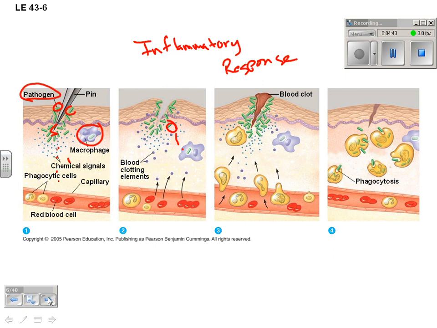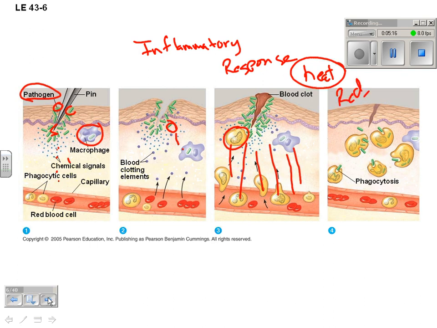They digest the bacteria and send out chemical signals. Those chemical signals tell the blood to release white blood cells. They attract white blood cells to the area, and they also release fluid into the area. And the other thing that happens is because of the increase in blood flow, it gets hot and it gets red. We call that the inflammatory response. It's a reaction to tissue damage. You've probably experienced it if you've ever sprained an ankle.